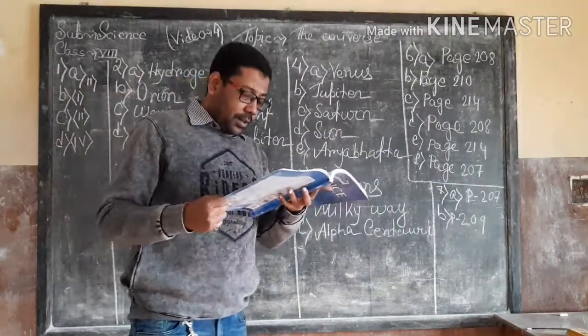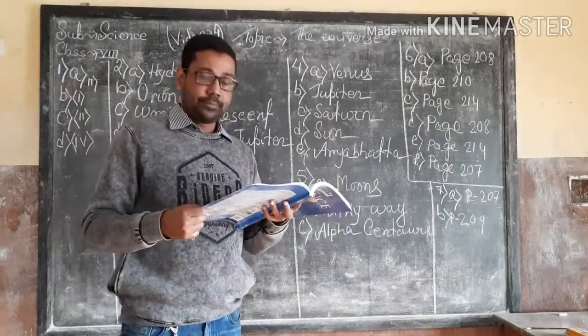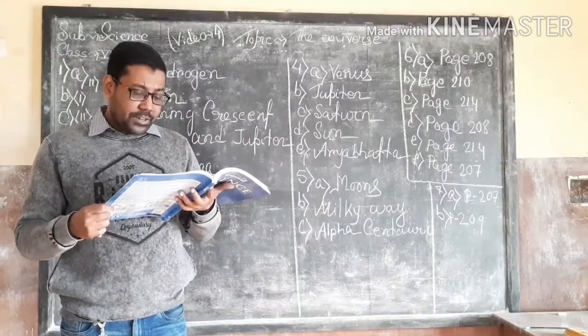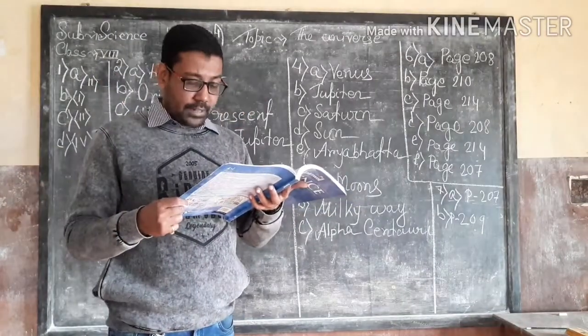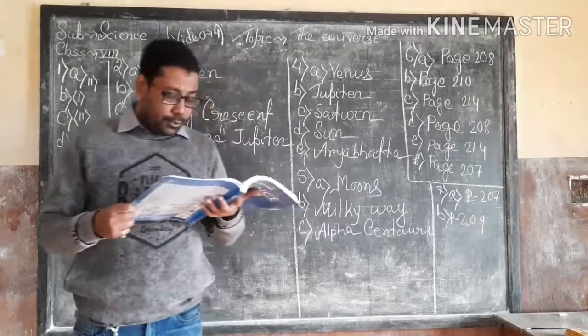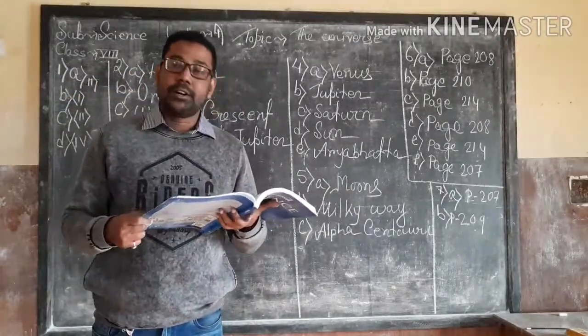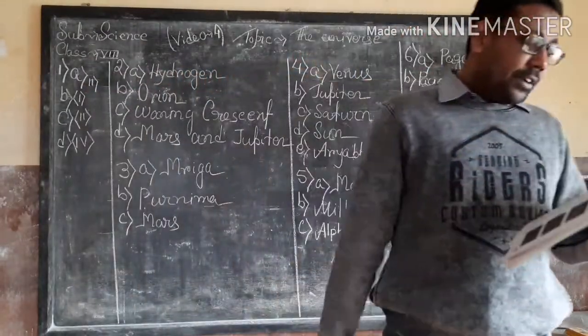The pole star can be located with the help of Ursa Major. It is in a straight line with the two tail stars of Ursa Major, and it is interesting to know that Ursa Major appears to move around the pole star. So this is the right answer for this question.